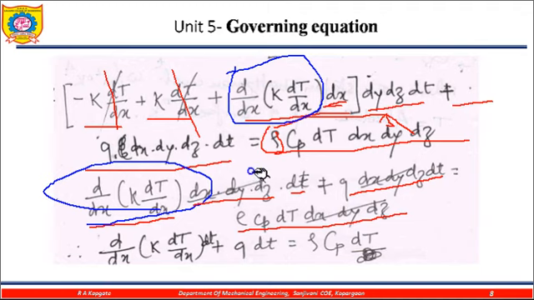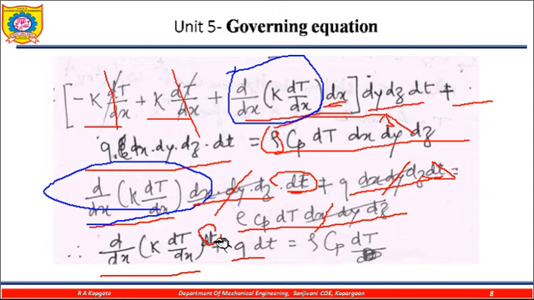Hence this dx dy dz is cancelled, this also cancelled, left hand side is equal to right hand side. Hence we get d by dx of k dt by dx into dt, because dt remains, this dt also remains. So q into dt is equal to rho cp dt.